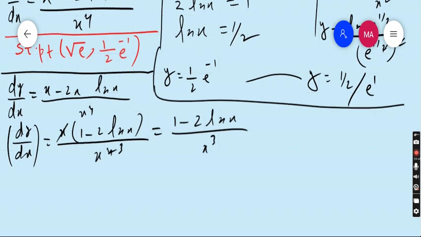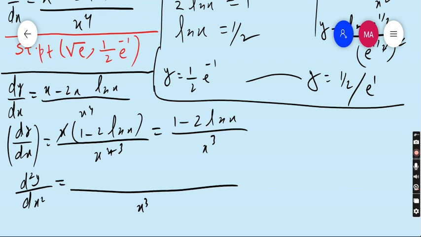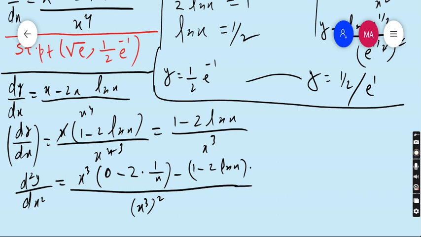Again we will use u upon v formula. d square y by dx square is equals to v square, v as it is, derivative of 1 minus 2 ln x, derivative of 1 is 0, derivative of 2 ln x is 2 upon x, minus u as it is, derivative of x cube is 3x square.